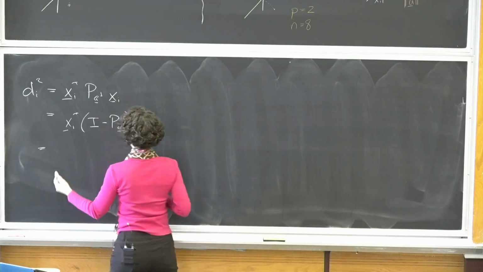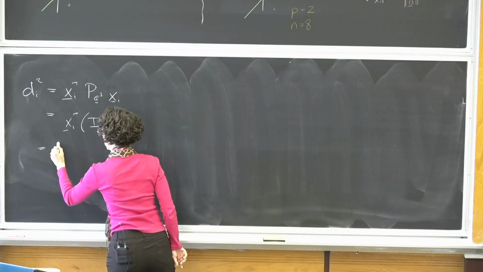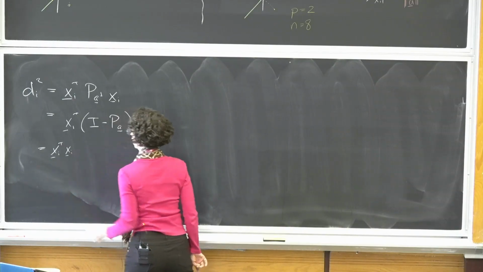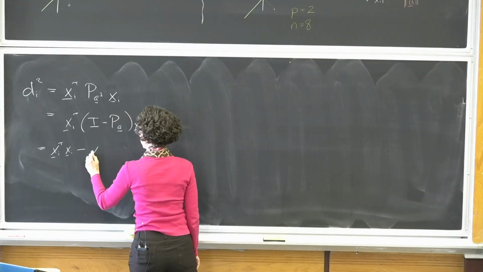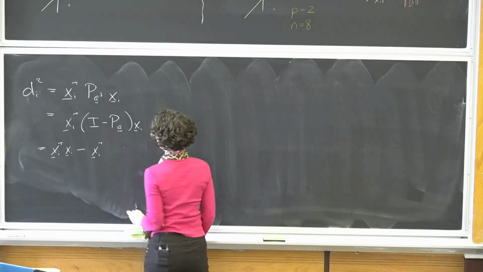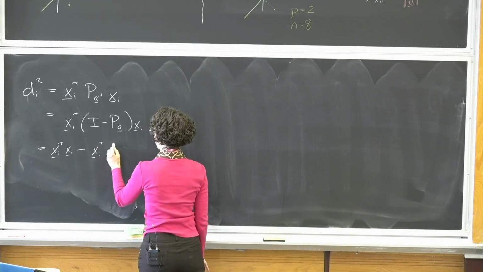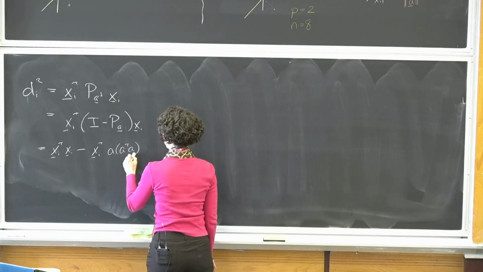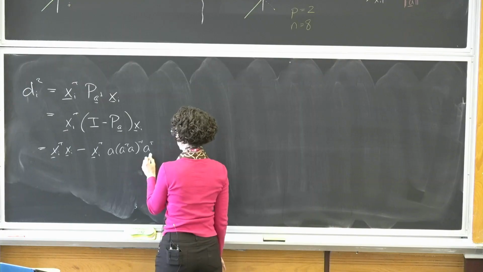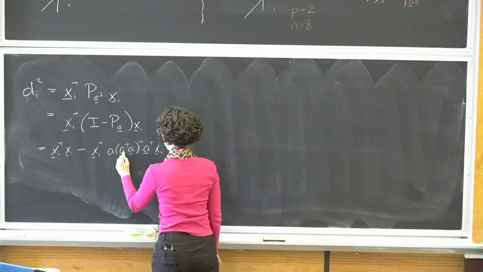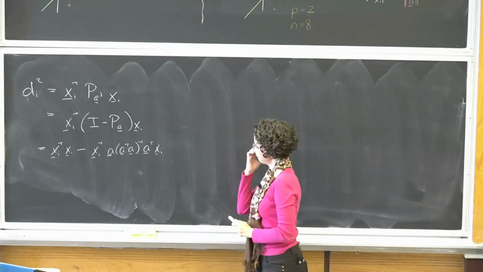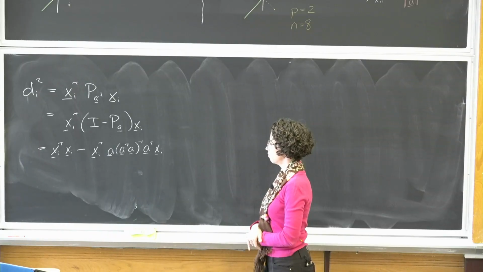And so what I'm going to get here is xi transpose xi minus xi transpose, and then PA is going to be A transpose A inverse, A transpose xi. So just plugging in the form of our projection matrix.